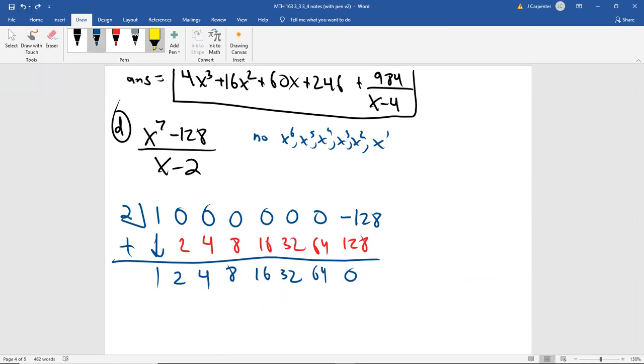All right, so from right to left: remainder, constant, x coefficient, x squared coefficient, x cubed, x to the 4th, x to the 5th, and x to the 6th, which is one less than the original problem, so that's a good sign.